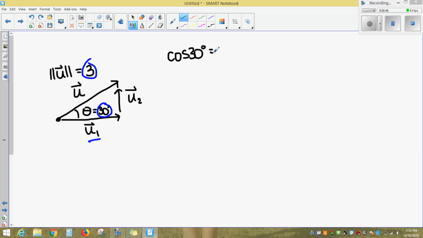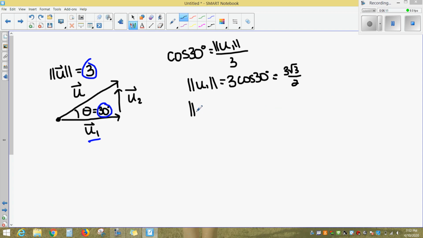The cosine of 30 degrees is the magnitude of u1 over the hypotenuse. So that tells me the magnitude of u1 is 3 times cosine 30 degrees, which is 3 times the square root of 3 over 2, and that doesn't simplify. Similarly, if I want to know how long that vertical side is, I can use the sine function. And 3 times 1/2 is 3/2.